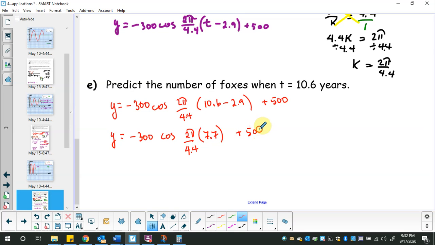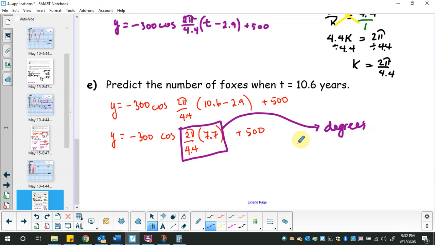Then I'm going to go rogue a little bit. I'm going to take this, which is radians, and off to the side, I'm going to turn it into degrees. So 2 pi over 4.4 times 7.7, and our conversion factor is either turning pi just straight into 180, because that's what it is, or timesing by the actual conversion factor, which is that.